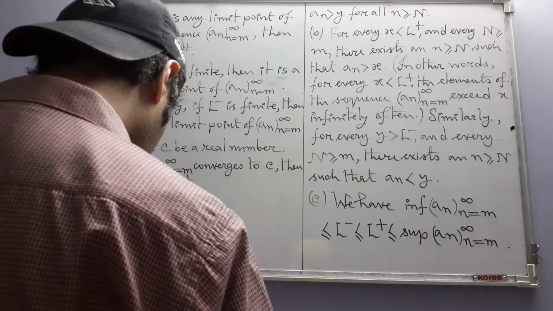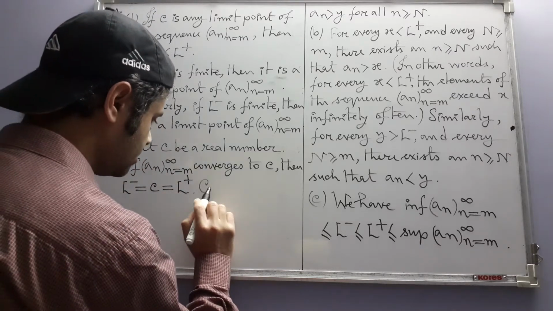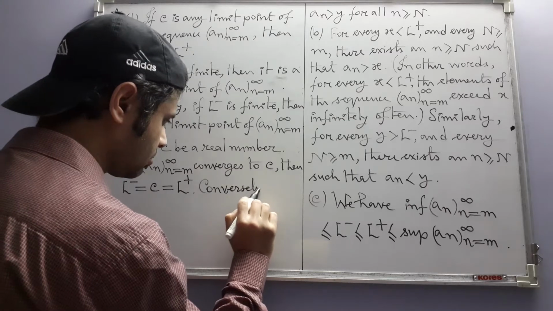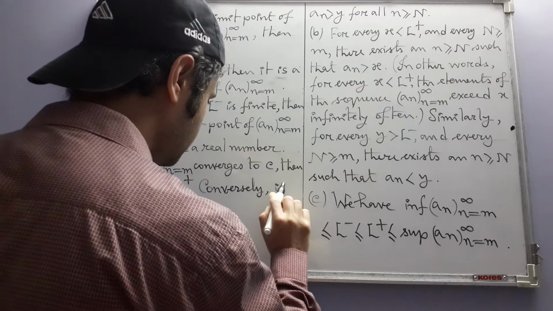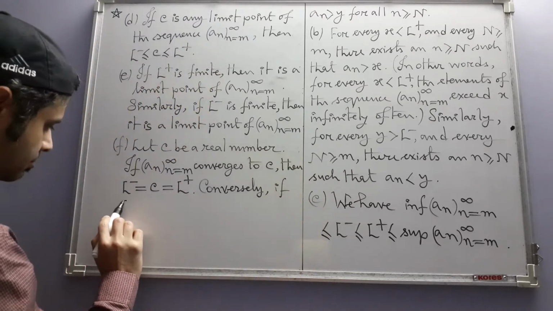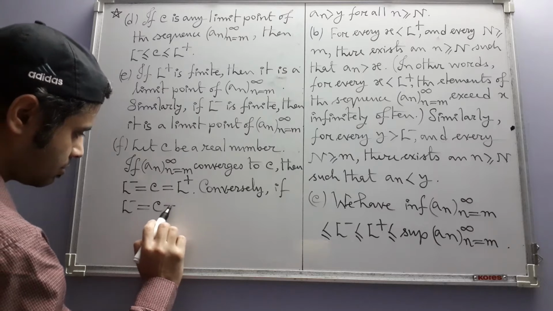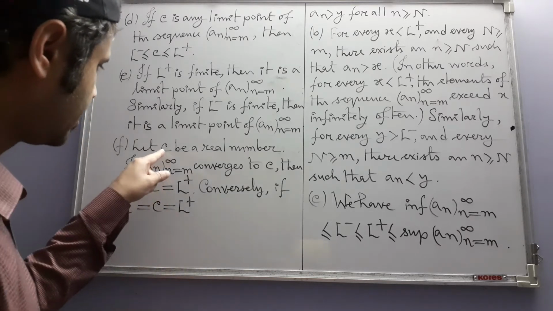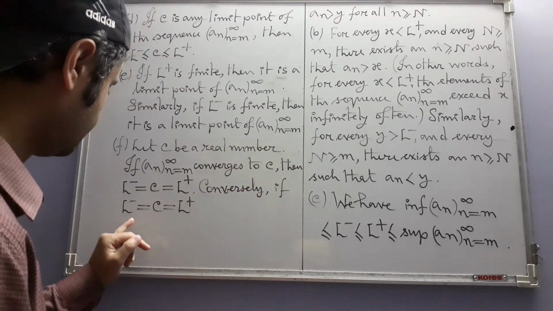But the even more important part, the converse is also true. That is even more important. Conversely, if L minus is equal to C is equal to L plus. Keep in mind that C is a real number that has already been chosen.